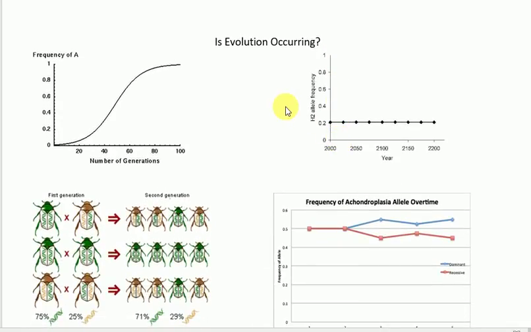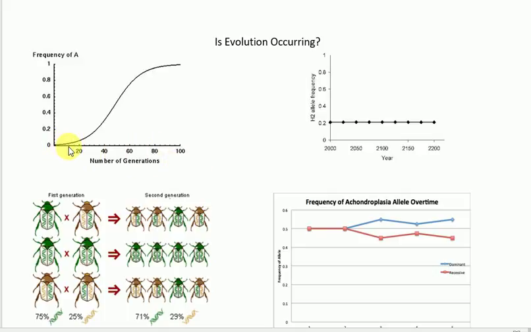Let's look at a couple other examples. This is something that you might see on the AP exam. So basically, it's looking at the frequency of a certain allele. And this is showing you here the number of generations.